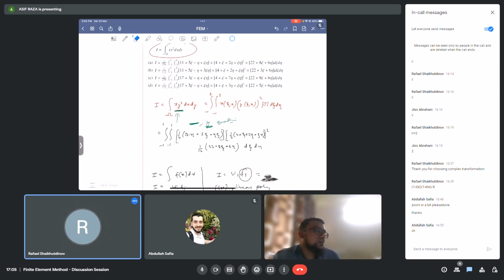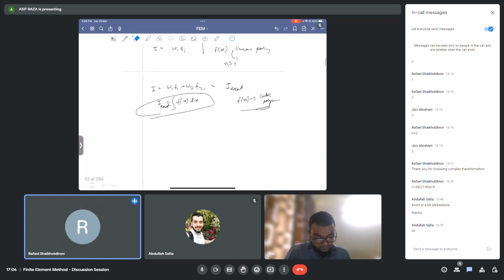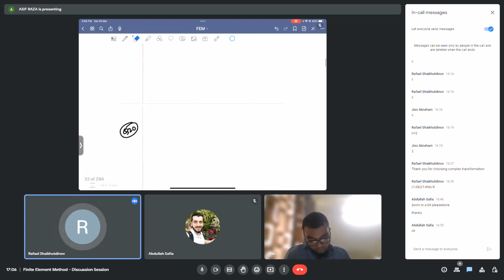No worries, you can just look it up again. At least you should know the concept of why numerical integration comes into play. Okay, I just need to look at it again carefully.